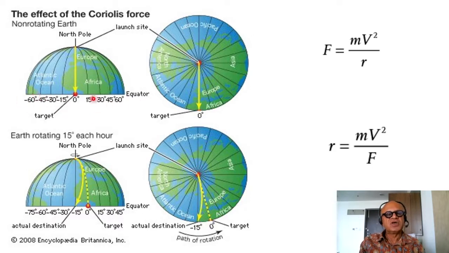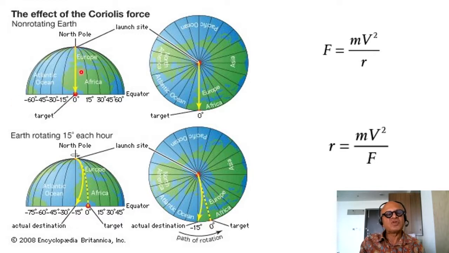Because circumference is large here and you are rotating once in 24 hours, anything here has to be moving much faster than here. So if you start something in this direction and move towards lower latitudes, you will be carrying the Earth's east-west velocity here, which is much smaller than here.